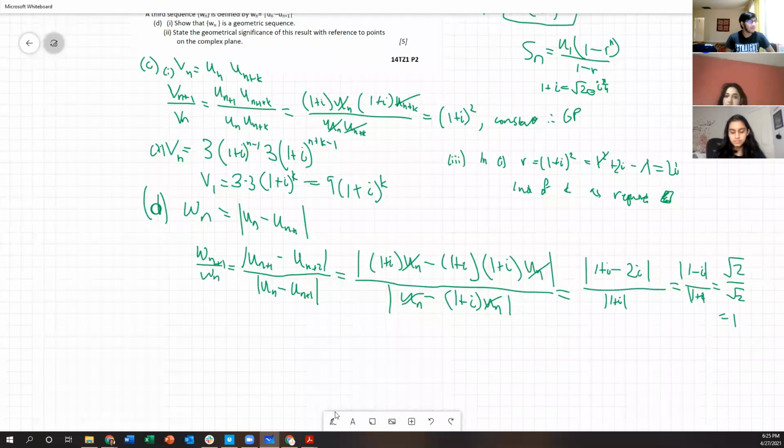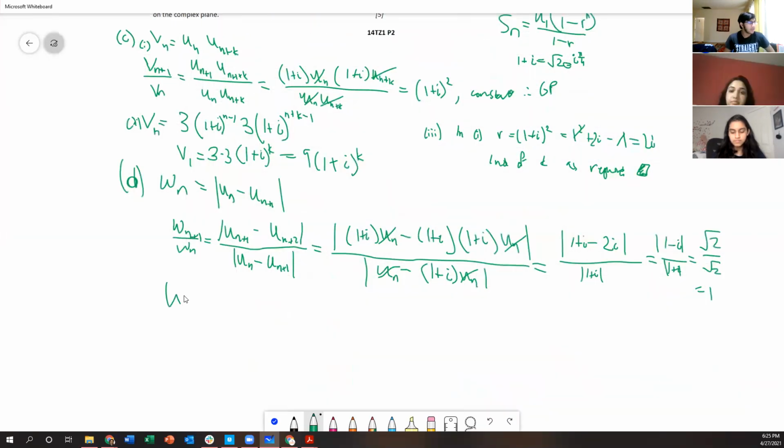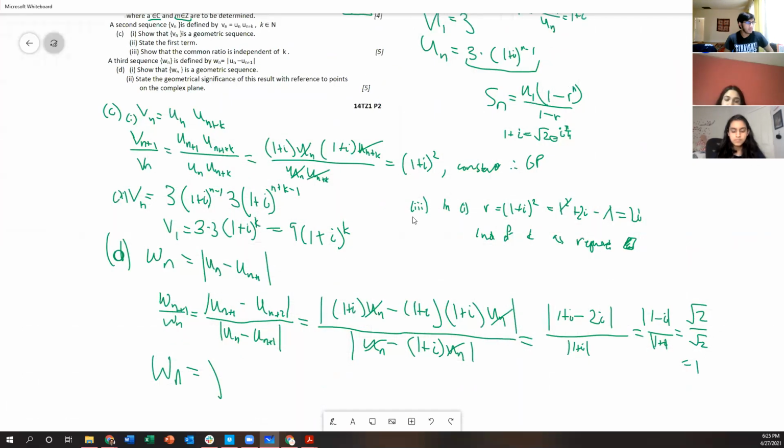But for me, if I can write this out explicitly, right? Un I already found out. What was Un? Un was simply 3 times 1 plus i to the n minus 1. I already found what that was, and then I subtract U of n plus 1, which is 3 times 1 plus i to the n power.